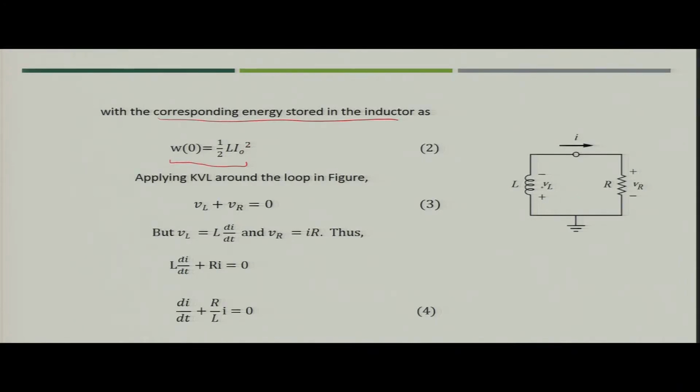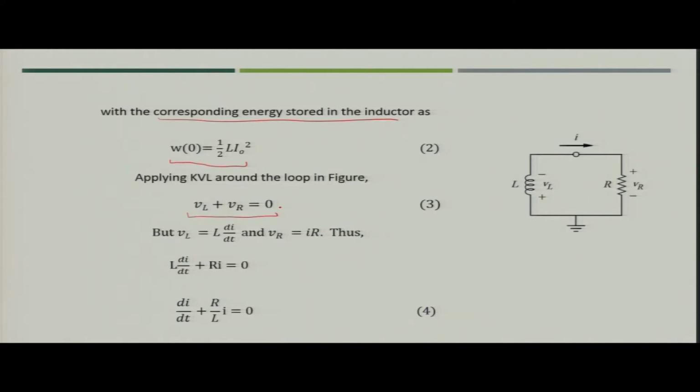Now, if you apply KVL around this loop, with the polarity of the inductor plus at the bottom and minus at the top, the sum of the voltages in the loop would be 0.